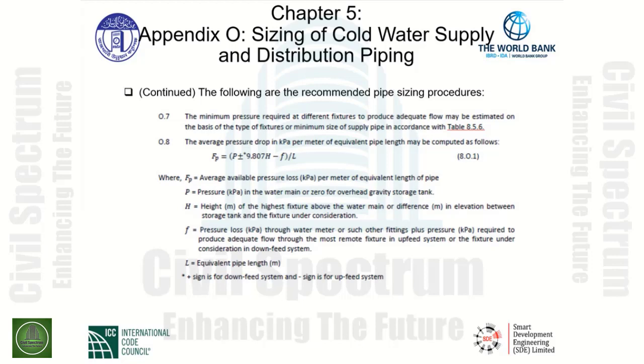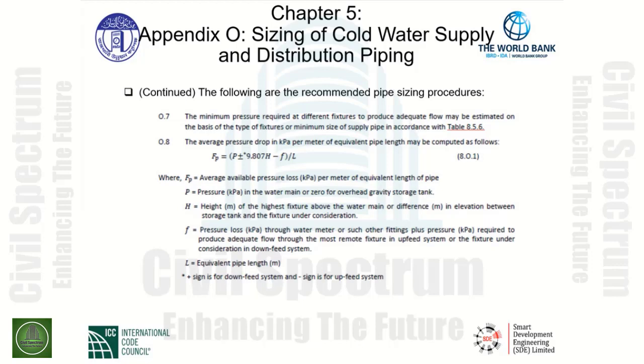The equation gives us where F sub P is the average available pressure loss in kilopascals per meter of equivalent length of pipe, equates to the quantity of pressure in the water main, or 0 for overhead gravity storage tanks. We look at the height in meters of the highest fixture above the water main, or difference in meters in elevation between the storage tank and the fixture under consideration.